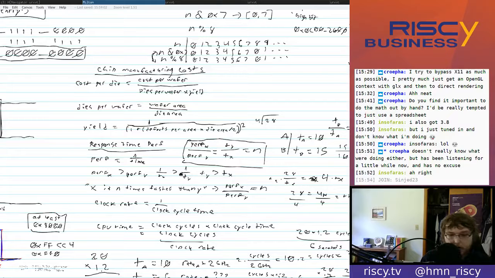Now, where were those equations? Here we go. So yeah, yield is equal to 1 plus defects per area times die area over 2, and then all that squared. So it looks like I wrote everything down correctly.